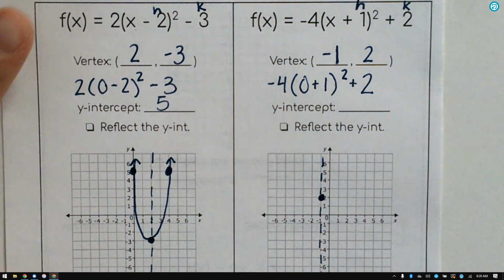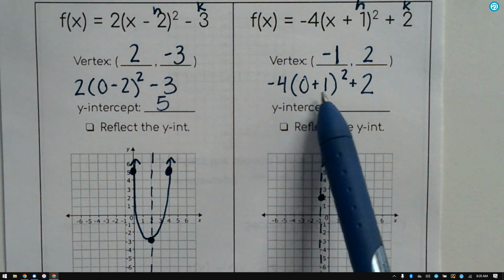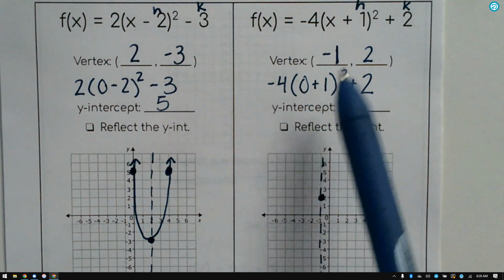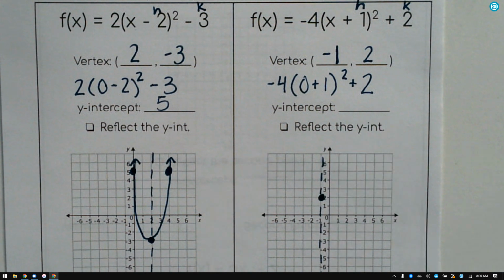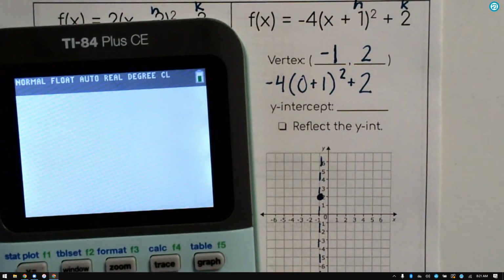If you ever choose to do this without a calculator, reminder, you need to do what's in your parentheses first, then your exponents, then your multiplication, and then your addition. Just order of operations. That's a lot of things to keep straight. That's why I do it in a calculator. But just a reminder. So I'm going to put -4 in parentheses. I will have 0 plus 1 squared.